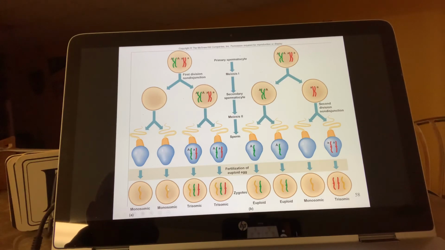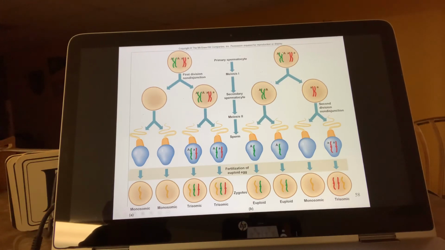After fertilization, this is a monosomic condition. So if non-disjunction occurs during the first meiotic division, all of the individuals produced are going to be abnormal. 50% of them are going to have an extra chromosome, 50% are going to have one less chromosome.